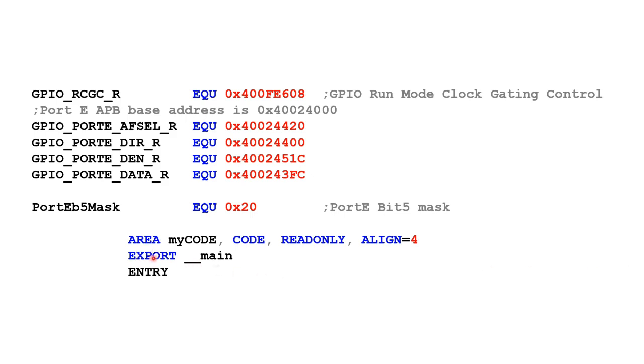Let me just go back. Export, for those who are new, is a directive. The purpose is to make this symbol visible to the linker and other modules that might want to use the code listed here.